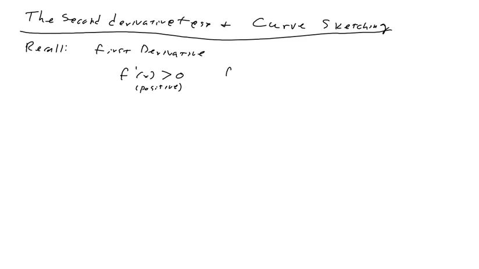What is f of x doing? Let's talk about what we know from our first derivative test. If the derivative is positive, what is the graph of f doing? Increasing. Thank you, Stephanie. Yes, f of x is increasing.